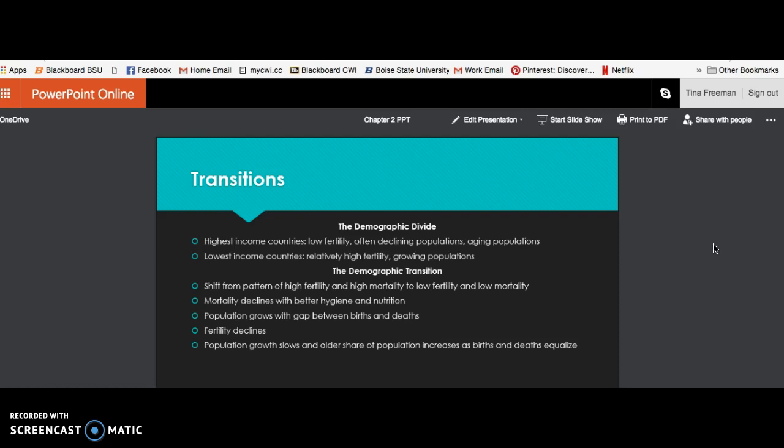So I'd like you to know nutritional transitions. I'm sorry that it's not in the text, but hopefully that just gives you a little bit of insight into it. Moving on to demographic transition.